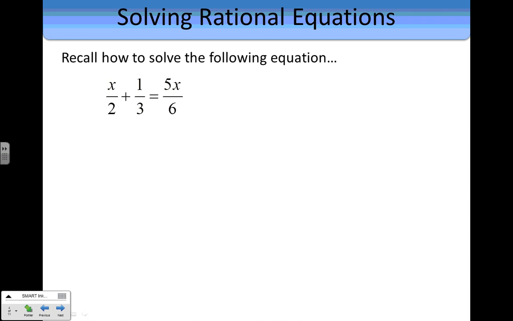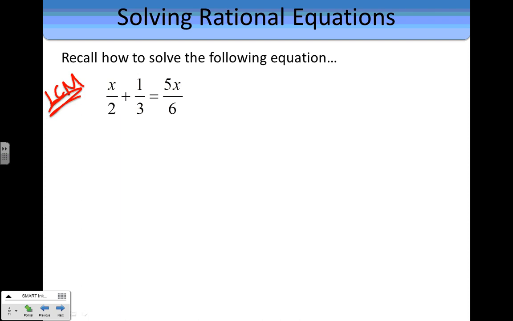So what we want to try and do is clear the denominator. Okay, so we want to multiply by a number on both sides that will cancel out all three of those numbers. So I'm looking for the least common multiple between 2, 3, and 6. A multiple of 2, a multiple of 3, and a multiple of 6 that they all share.